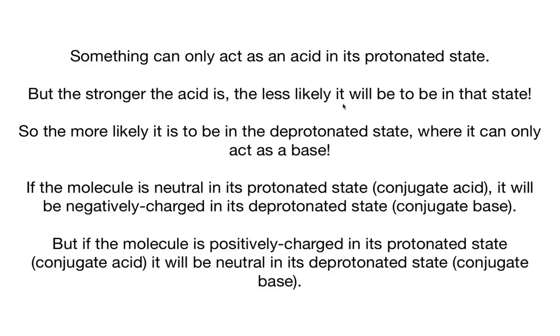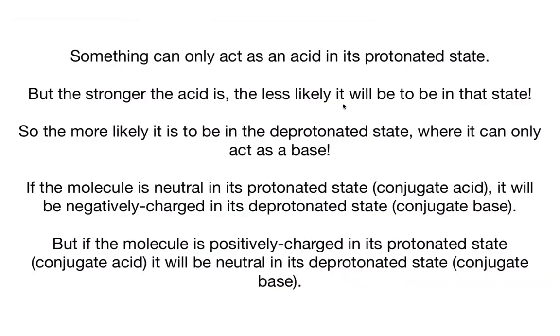It doesn't have another cookie to give up. So if the molecule is neutral in its protonated state, well, now when it deprotonates, it gives up that positively charged proton. Now it's going to be negatively charged in its conjugate base form. But some molecules are positively charged in their protonated state.